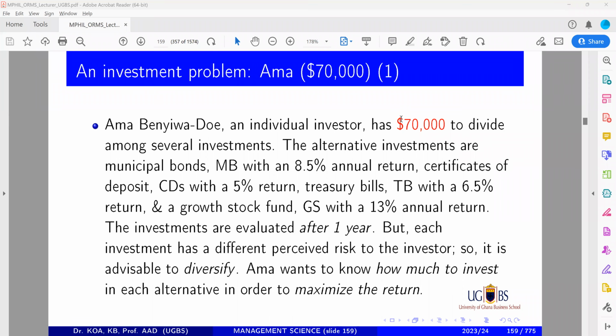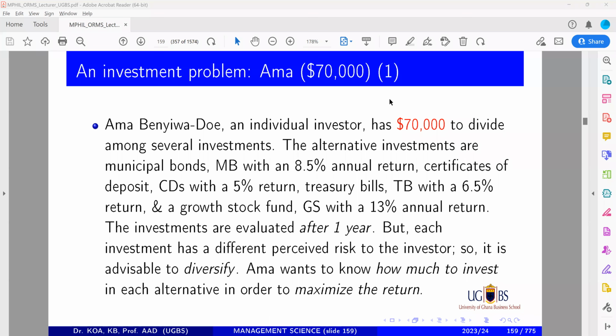Tell me, what are the decision variables? The percentage of investment in MB, the percentage of investment in CD, the percentage of investment in treasury bills, and the percentage of investment in the growth stock fund. Okay, that is not correct. Let's go to another person.